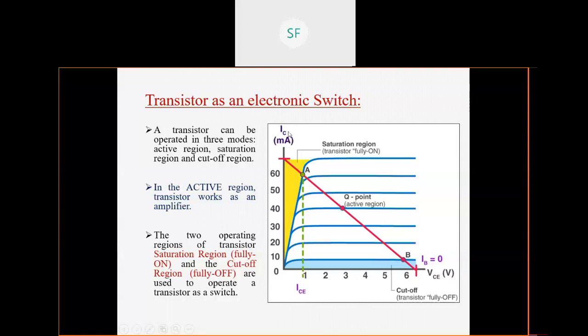The first one is collector current and the other one is collector to emitter voltage. We know that in common emitter configuration, this voltage is the output voltage and this current is also the output current. So that's why the graph name is output characteristics of common emitter configuration.